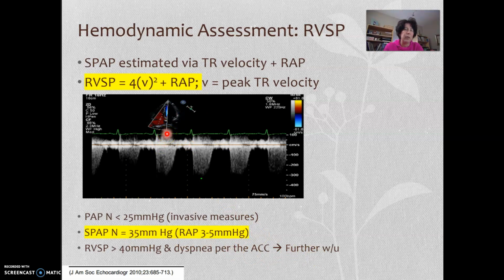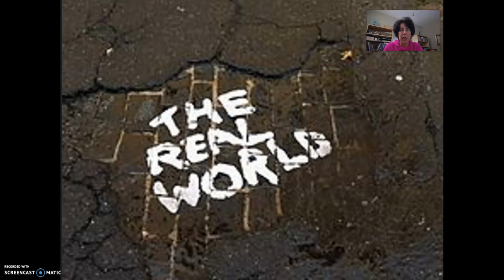Then you have to add the RA pressure, which is the calculated pressure based on the IVC, or if you have a central line, you can add that. So those are the two pressures.